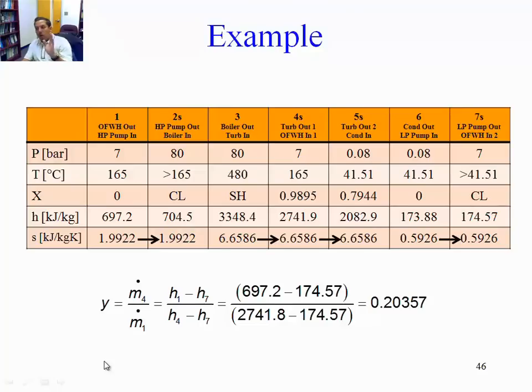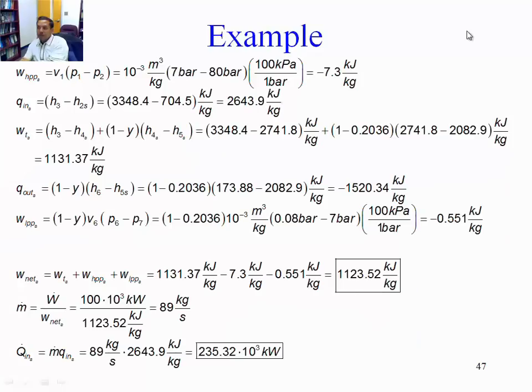So water goes into the turbine, 20% comes out of the first exit, and the other 80% comes out of the final exit. That's M5, 1 minus this. Let's do the analysis. The work in the high pressure pump, V1 times the delta P, that's minus 7.3.